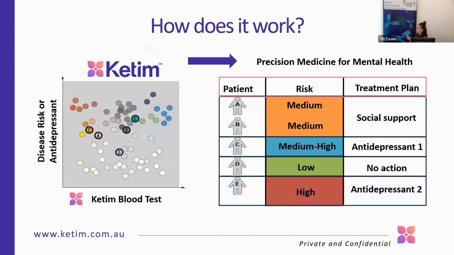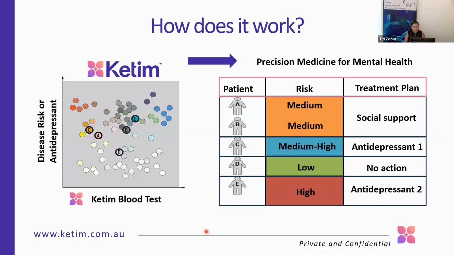So you get something that looks like this. If you look at the graph on the left, you can see over here that you're plotting disease risk or antidepressant score against the CATIM blood test on the other axis. And imagine all these little colored dots are biomarkers that are found within yourself. Everybody's going to present with a different biomarker profile.